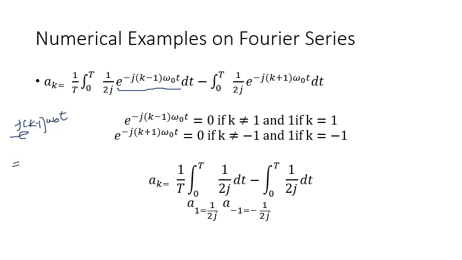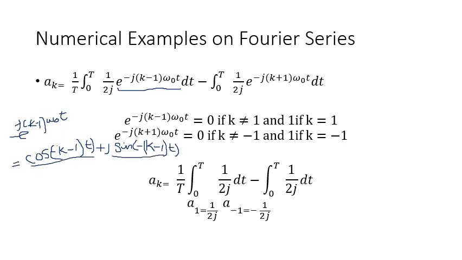Using the Euler relationship, it can easily be written as cos of (k minus 1) omega naught t, minus j sine of (k minus 1) omega naught t, right? So the complex exponential periodic signal will result into this, right?